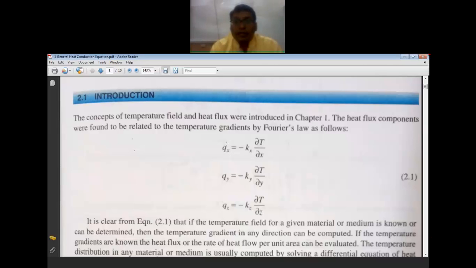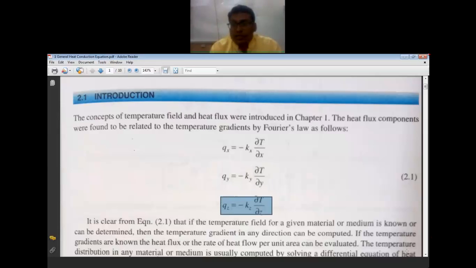This small q x is nothing but the heat flux in the x direction. We are taking the thermal conductivity in the x direction, the temperature difference delta T, and the differential in the x direction. So we relate the heat flux component in the x direction, in the y direction, and in the z direction.